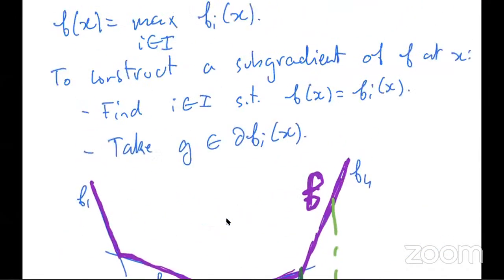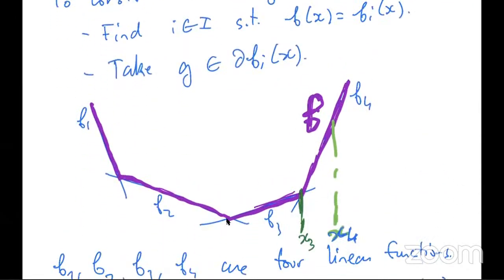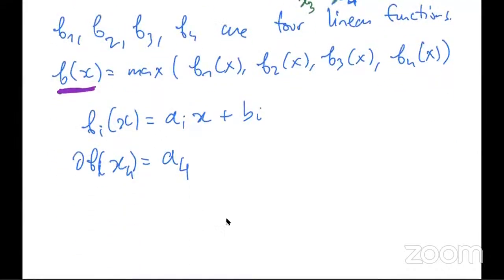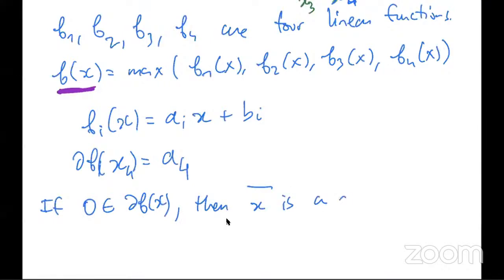Okay, so I hope that is clear. The important notion is that the subgradient always gives you a global lower bound on the function. And obviously something that I did not say, but it is obvious, is that if the zero vector belongs to the subdifferential, then x is a global minimum for f.